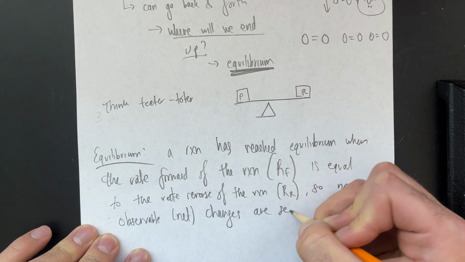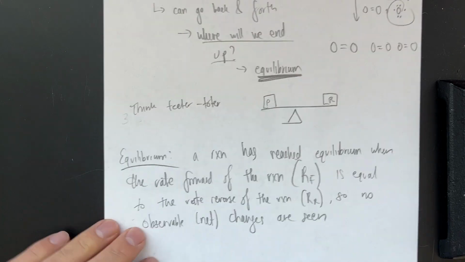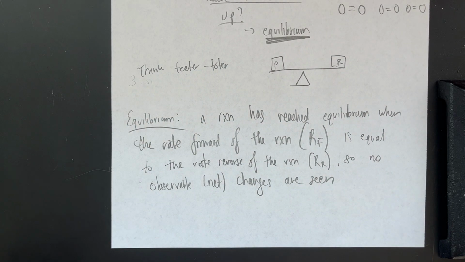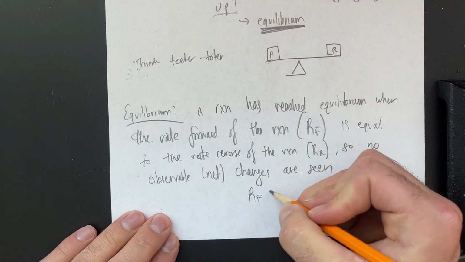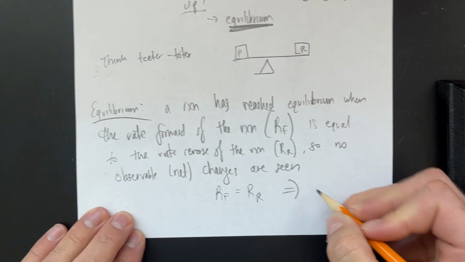As a result, there are no observable or net changes, though we technically are still going back and forth. It's just the fact that at equilibrium, they cancel out each other because RF is equal to RR. There is no net change.